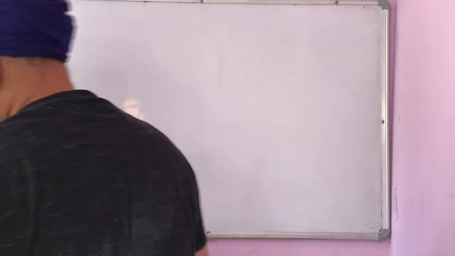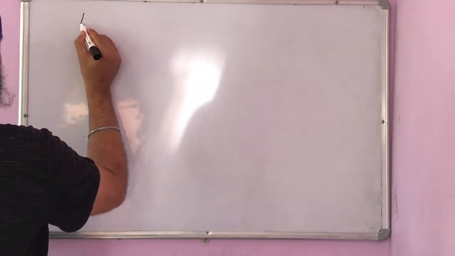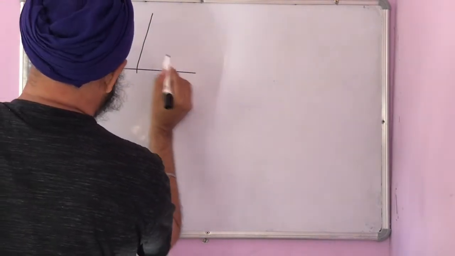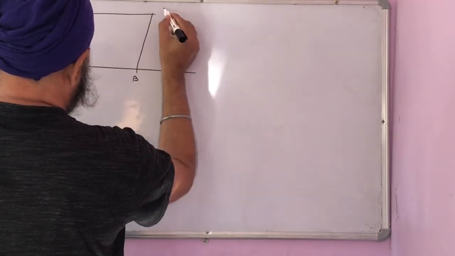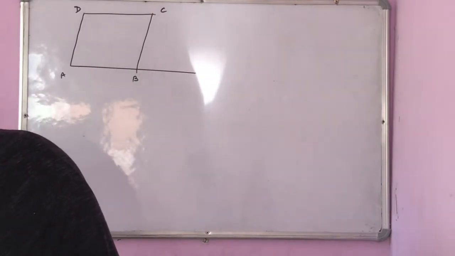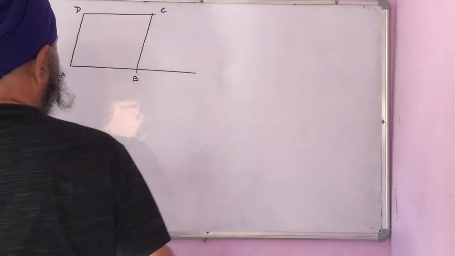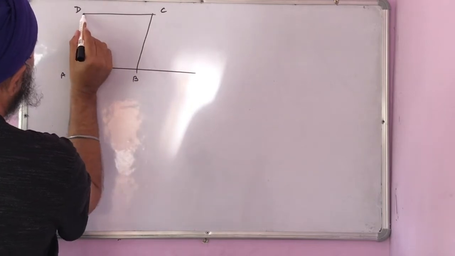Prove that from the given diagram in which ABCD is a parallelogram, ABL is a line segment and E is midpoint of BC.